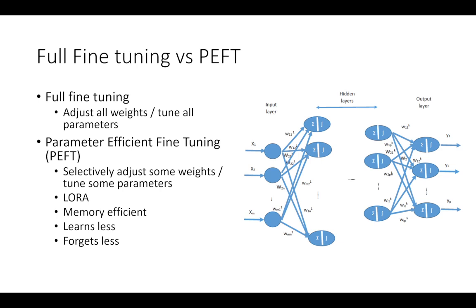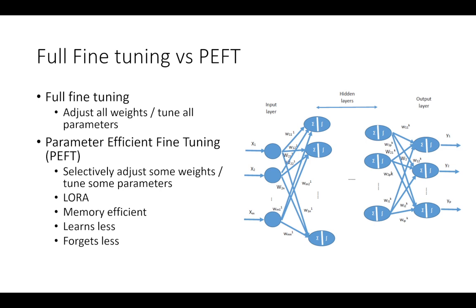In parameter efficient fine tuning, or PEFT in short, you selectively pick some weights. There are some techniques that adjust only some weights, picking only a few of these edges, also called tune some parameters. A popular technique is called LoRA.